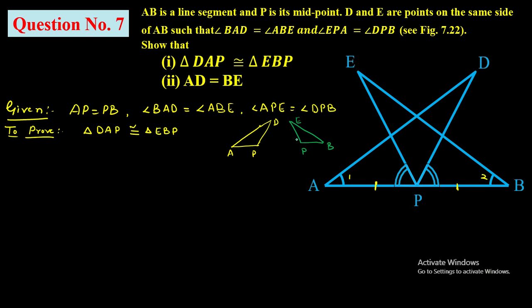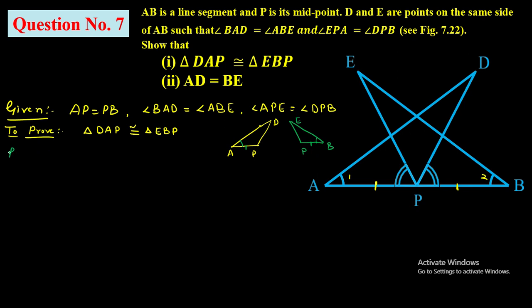It is given that AP is equal to PB. Similarly, angle A is equal to angle B. Now we can use the result of angle side angle, and then we can prove that the two triangles are congruent, and since if the two triangles are congruent, then corresponding parts are equal.